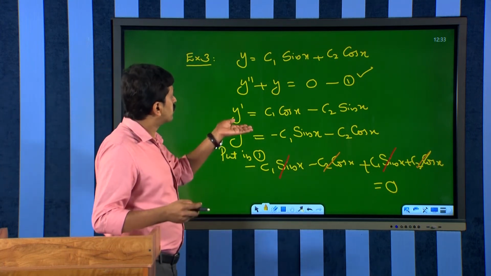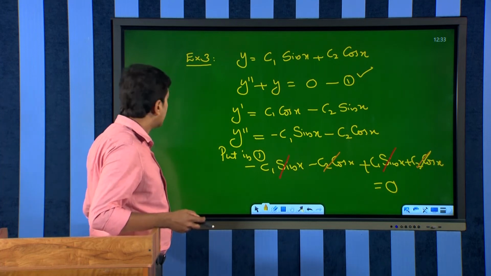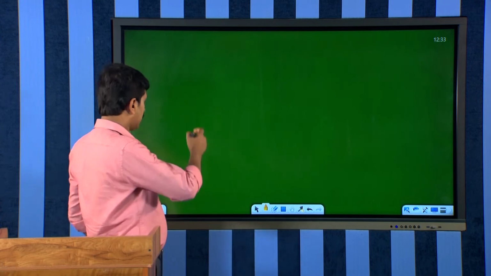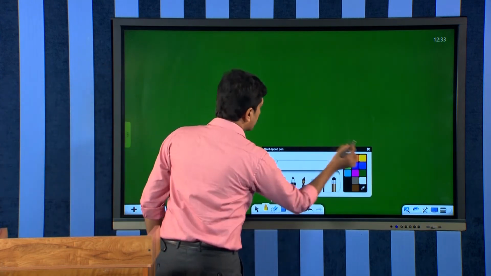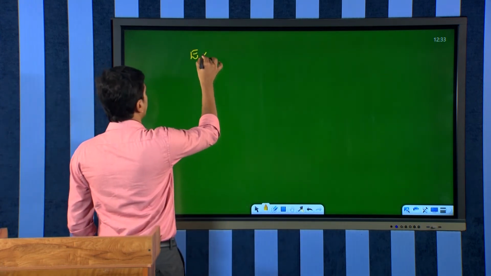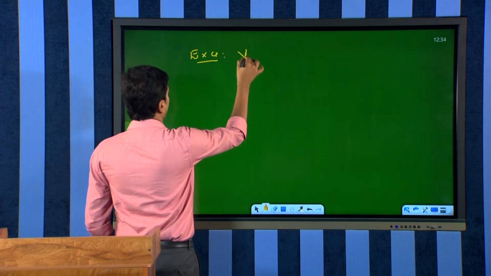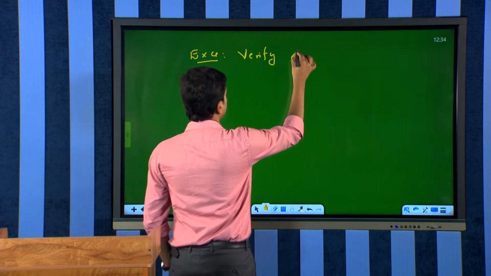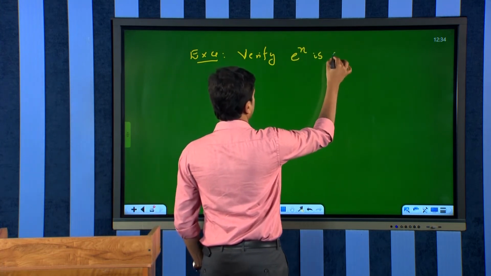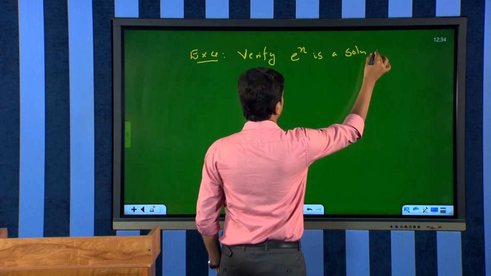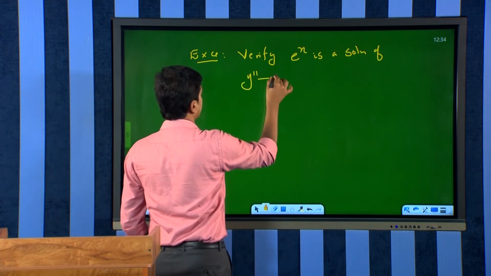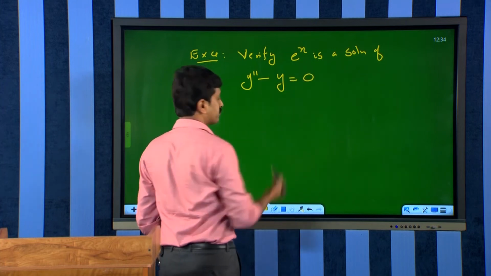And see, my dear students, I will make a little change in our differential equation. Verify in our next example, example 4: verify e raised to x is a solution of the differential equation y double dash minus y is equal to 0.